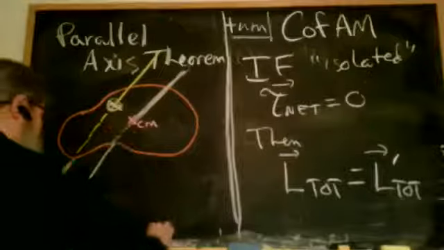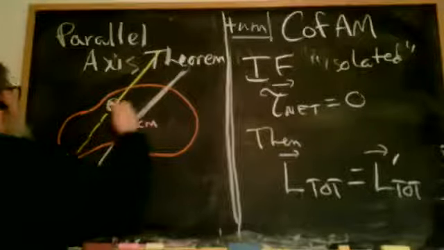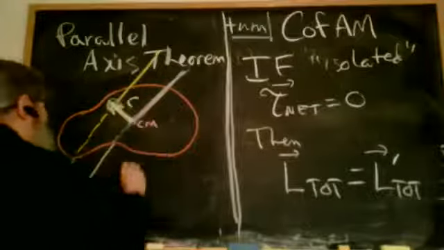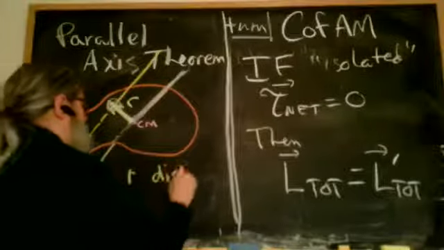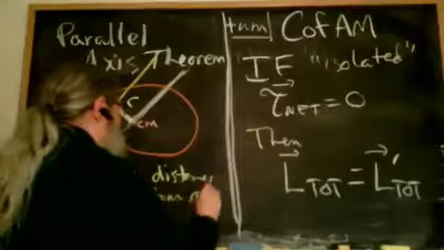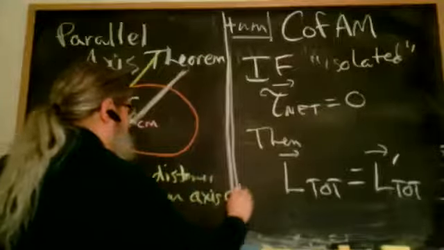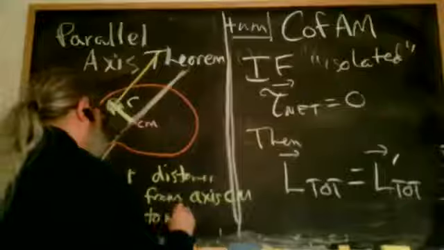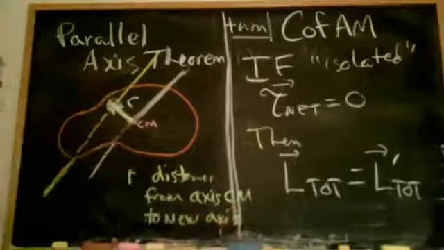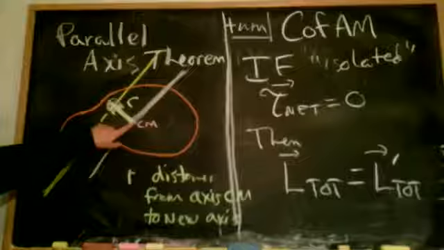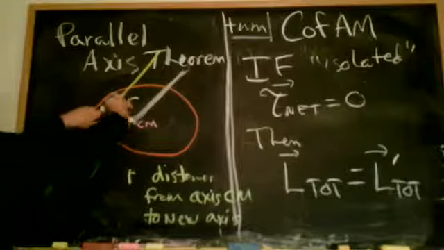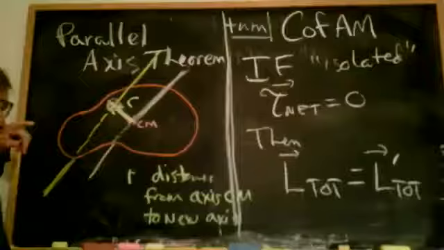The important dimension is this distance here, which is the distance r. R is the distance from the axis at the center of mass to the new parallel axis. So we've shifted the point of rotation from the center to some other spot, and now the potato spins around this axis instead of that axis.